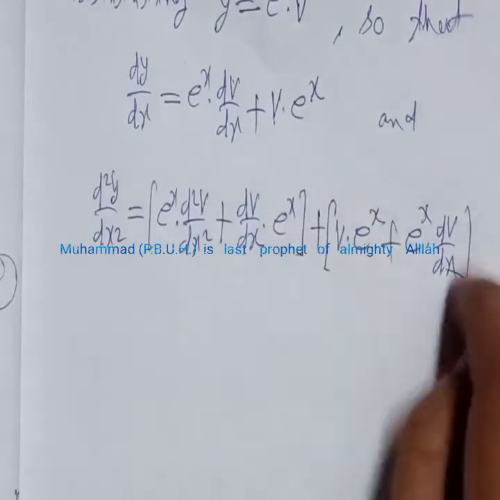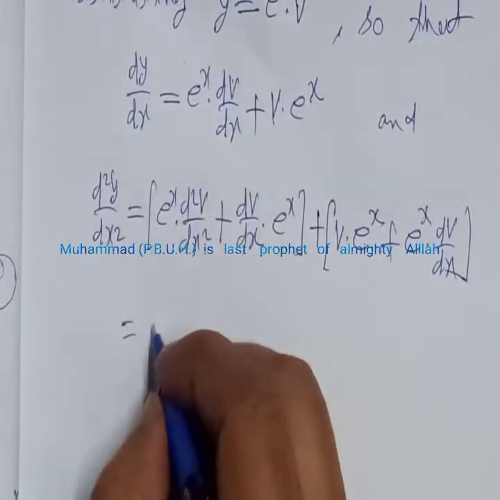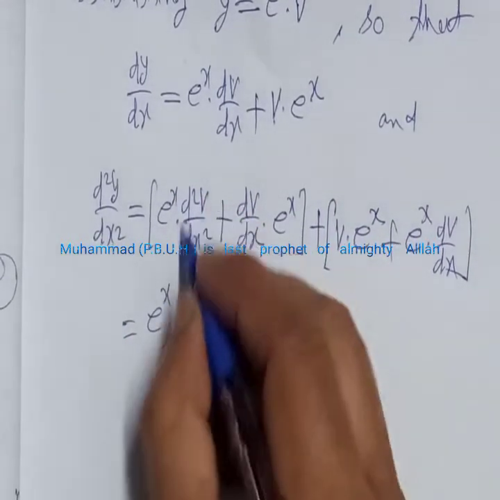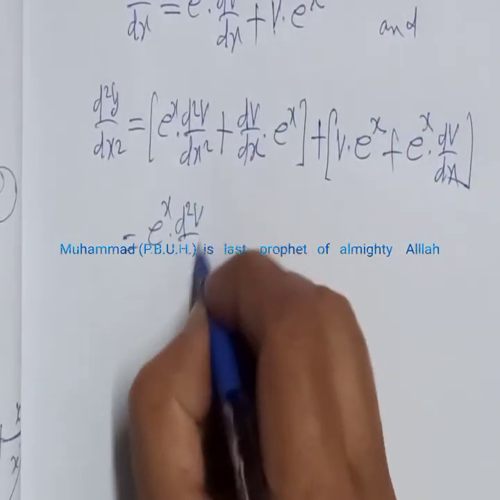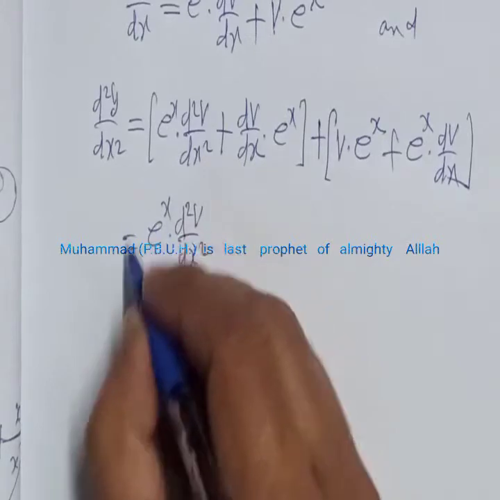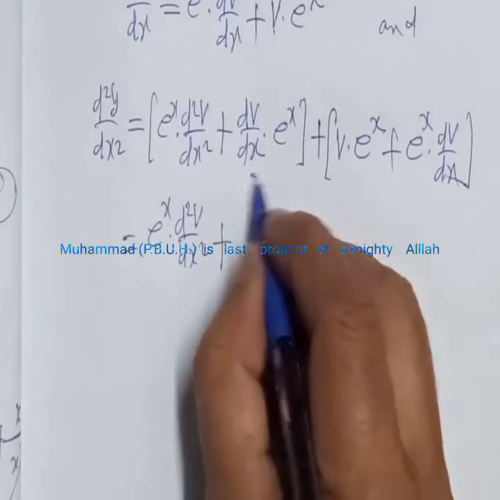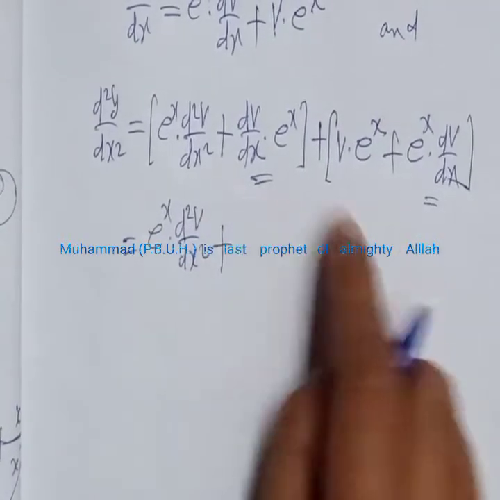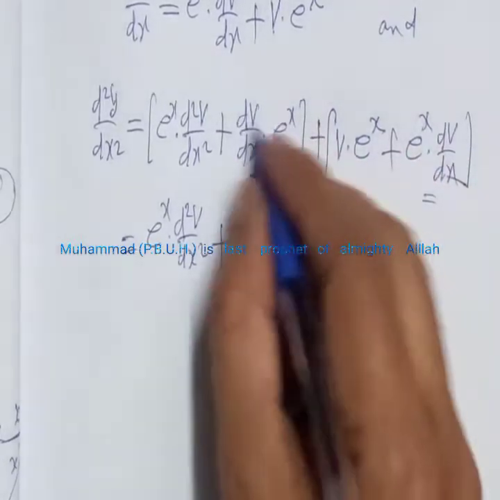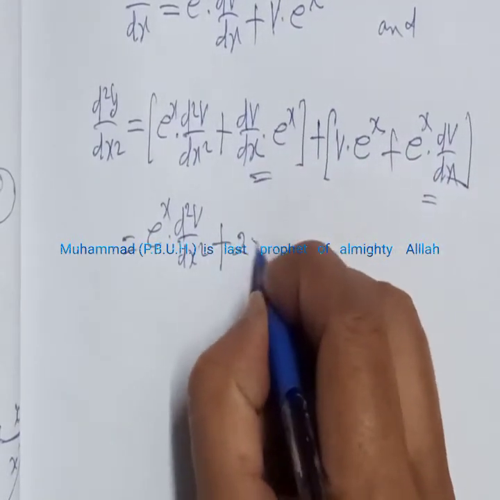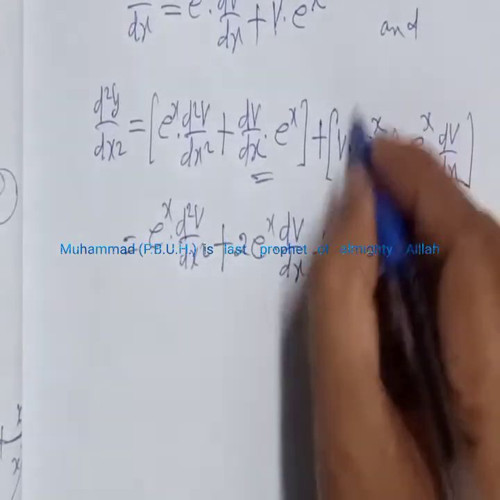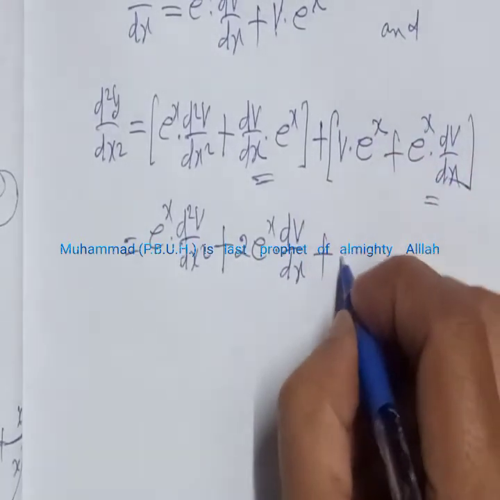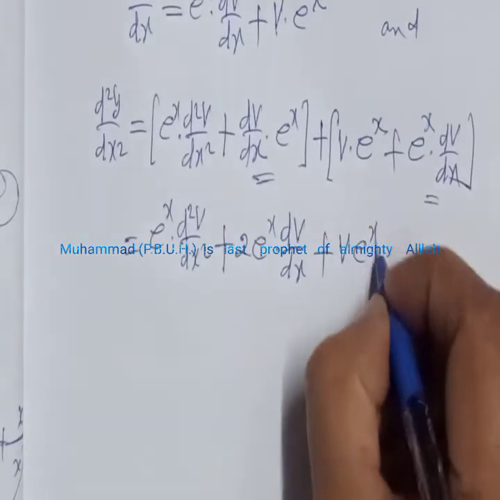On opening these brackets, we get the second order differential coefficient d2v over dx square multiplied by e to the power x, and here these two terms are like terms, so we can add them up as 2 times e to the power x dv over dx, and the only term of v is v e to the power x.